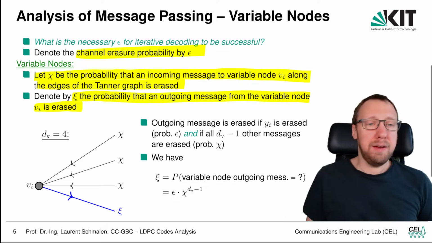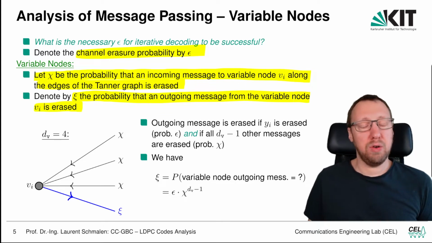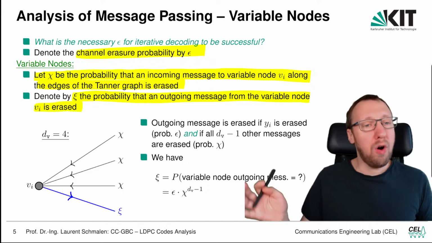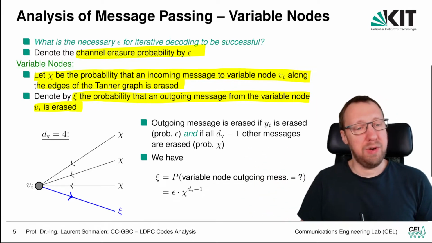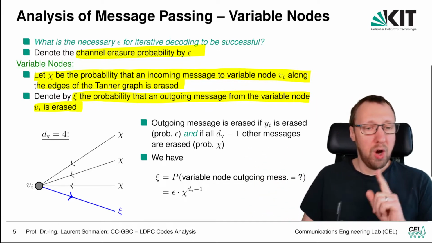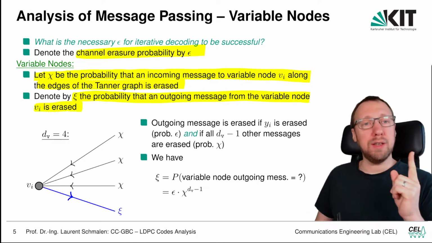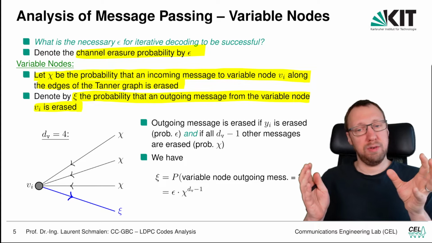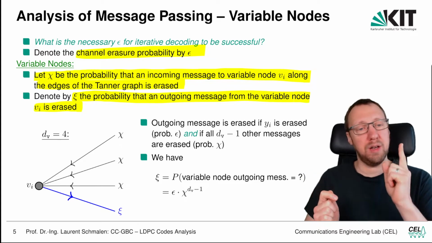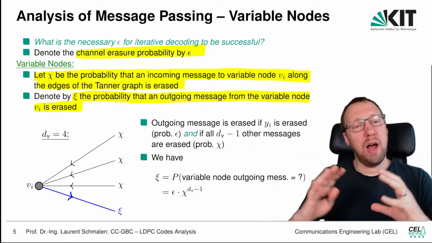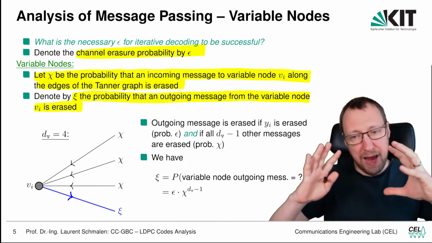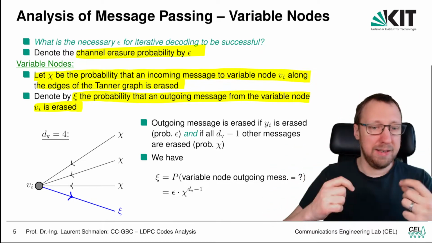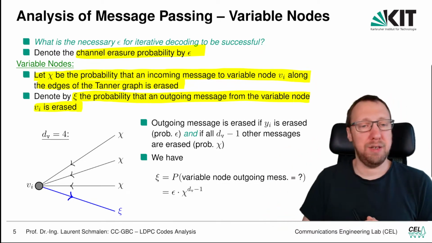So when is a variable node outgoing message erased? Well, it's erased if all incoming messages are erased. If only one incoming message is not erased, then we know the value of the variable node because it's a repetition code. So if one value is not erased, we combine everything we have, and this is the value of all the incoming messages.